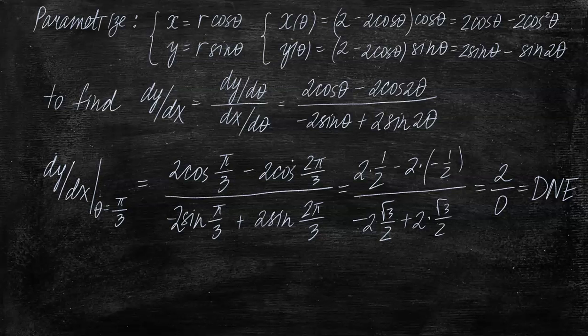So what's the conclusion? The conclusion is that the slope doesn't exist, therefore we have a vertical tangent line.